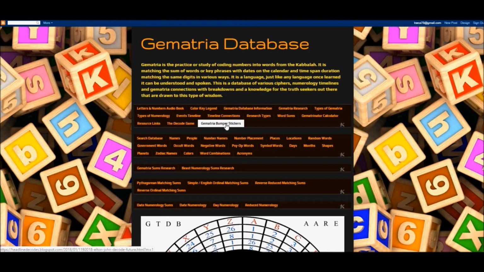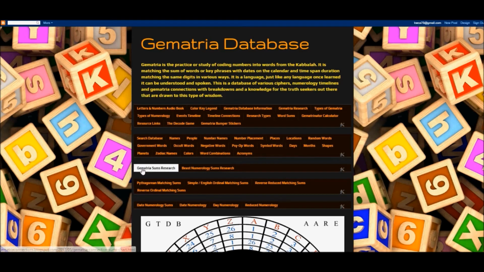and gematria bumper stickers. Secondary, you have search database, names, people, number names, number placement, places, locations, random words, government words, occult words, negative words, psyop words, symbol words, days, months, shapes, planets, zodiac names, colors, word combinations, acronyms.